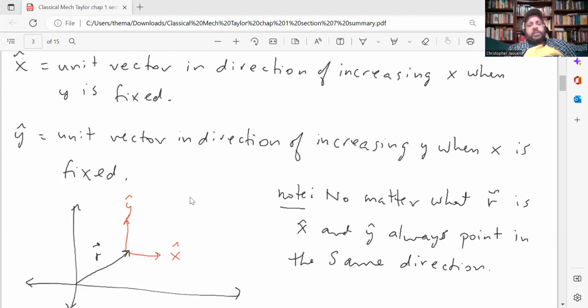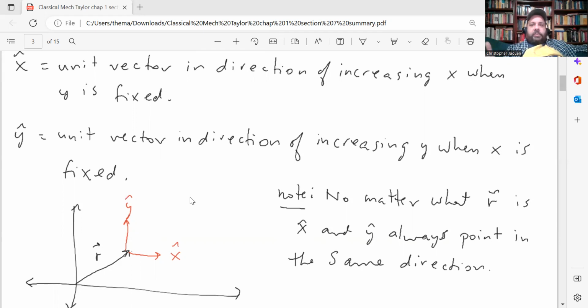Something important to notice here, which I did mention in the last video that I made for section 1.6, but I'll say it again. No matter what r is, x hat and y hat always point in the same direction, meaning they're constant functions with respect to time. So if you differentiate them, the derivatives go to 0, which has the effect of making the time derivative of the position vector relatively simple in Cartesian coordinates.